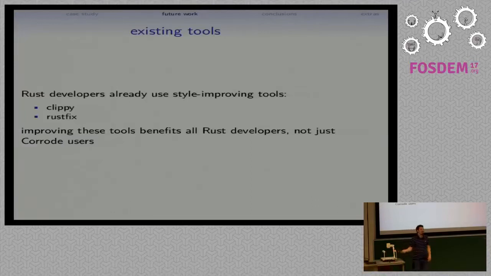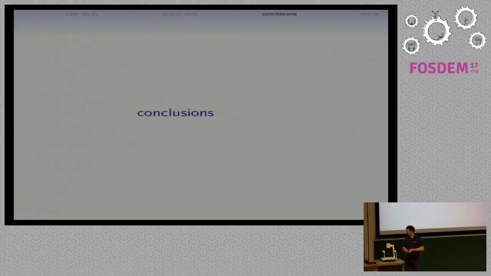So improving those tools to recognize these kinds of non-idiomatic Rust and ideally suggest fixes for them is useful for all Rust developers, not just people using Corrode. So I think this is going to be valuable work for the community as a whole.